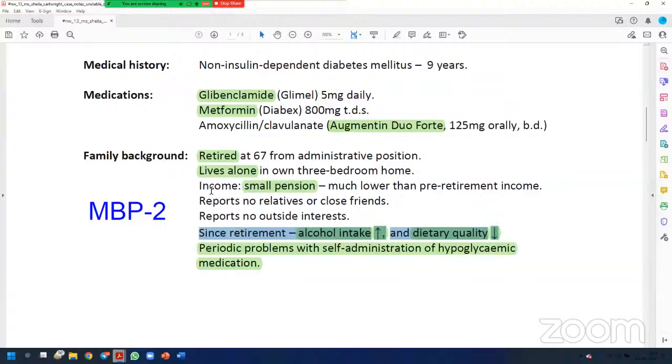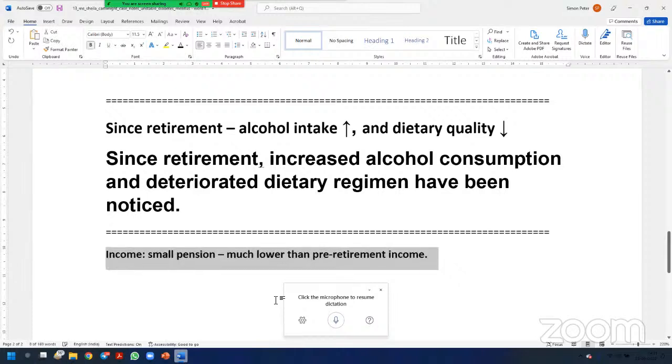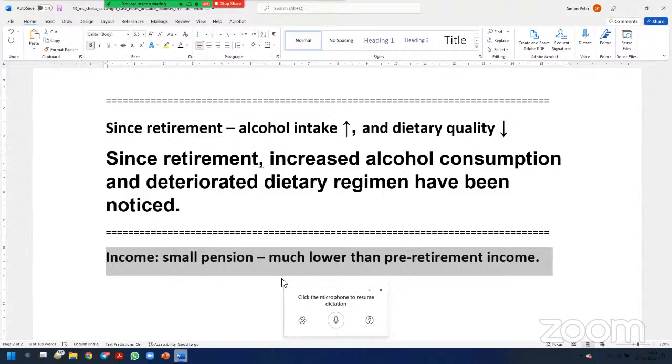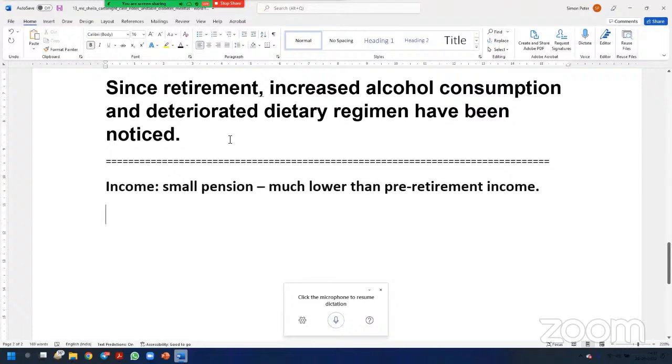Now, income: small pension, lower than the pre-retirement income. Let us take this one.